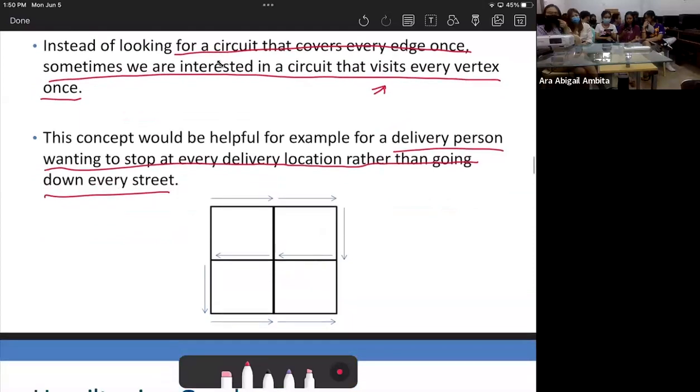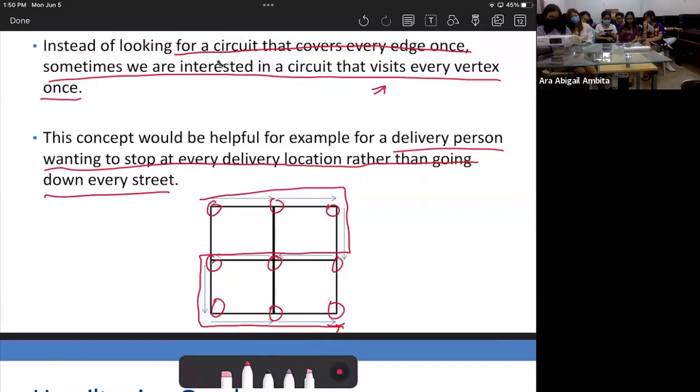So for example, in this graph we can navigate from here to here to here and then here to this. So we were able to visit all the vertices. Okay, just once.